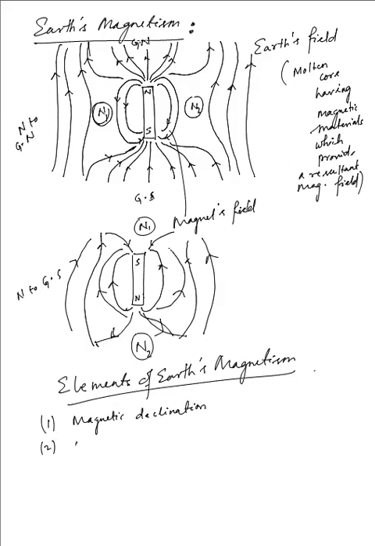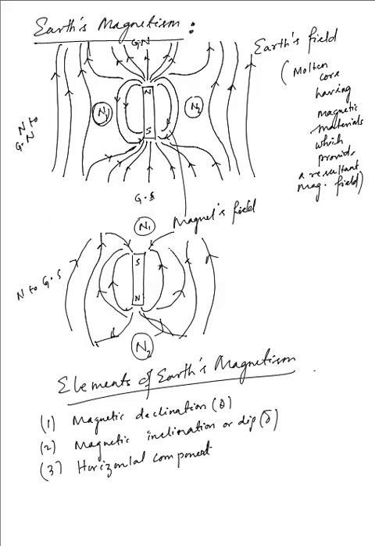Then we have magnetic inclination, which is surprisingly called dip. I'll tell you why. It's quite interesting. At least I was amazed. And then the horizontal component, the popular one. Why is it popular? We'll be discussing that as well. Horizontal component of Earth's magnetic field, of course, which is H, the Earth's magnetizing field.